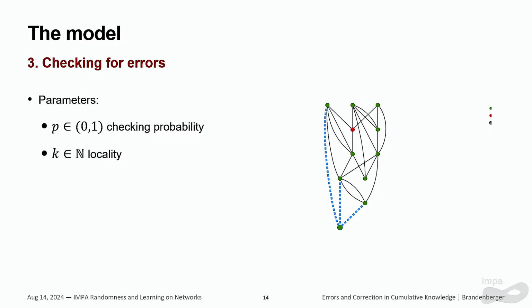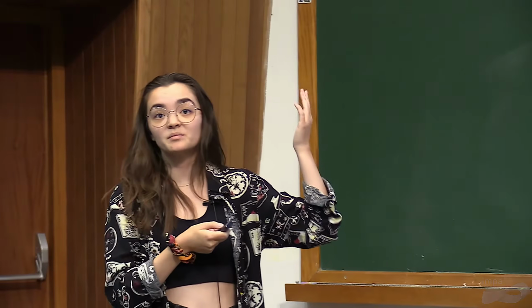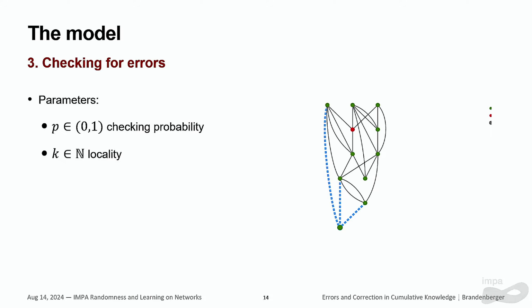So now checking. When you add a new node, you also do some sort of checking process with some probability p. So this is essentially the checking probability. I added this new node, and with probability p, I'm going to check in a k radius.